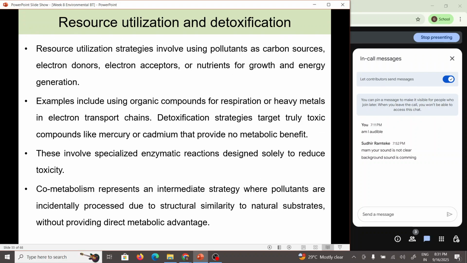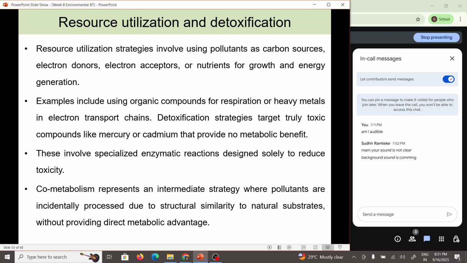And the next one is resource utilization and detoxification. So resource utilization strategies include using the pollutant as carbon source, electron donors, electron acceptors, or nutrients for growth and energy generation. As we discussed in the requirements for bioremediation, the microbes require nutrients.